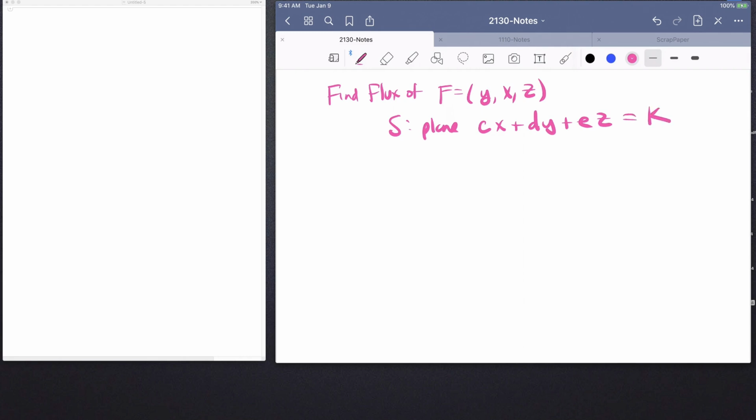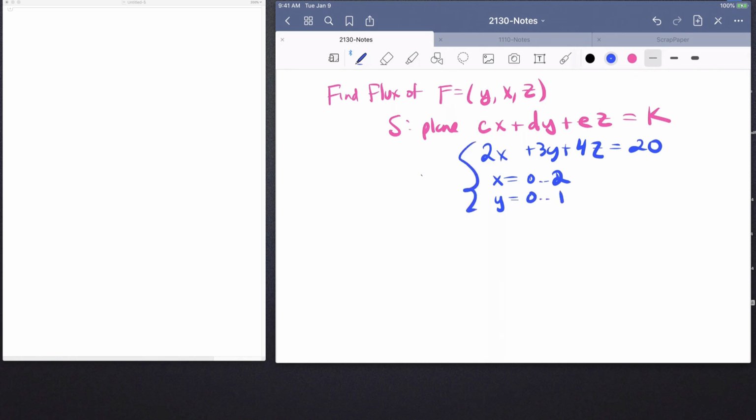And so here we have a plane that is 2x plus 3y plus 4z equal to 20. We want that plane to only be the part of the plane where x goes from 0 to 2, and y only goes from 0 to 1.